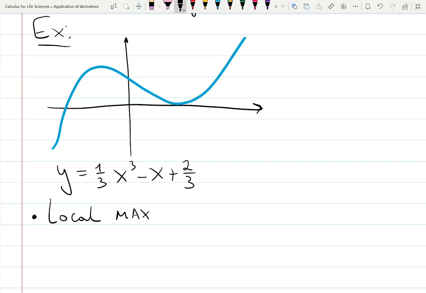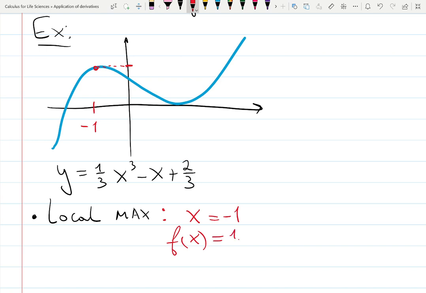of the function, let's see, over here, let's say it's at x equals -1, and the height we need to figure out. Local maximum is at x equals -1, and f of x actually has to be calculated.